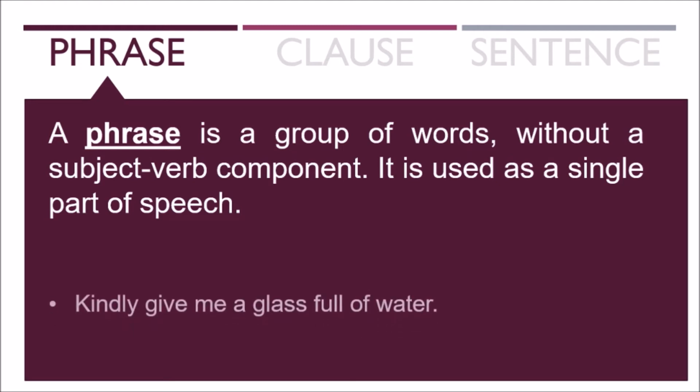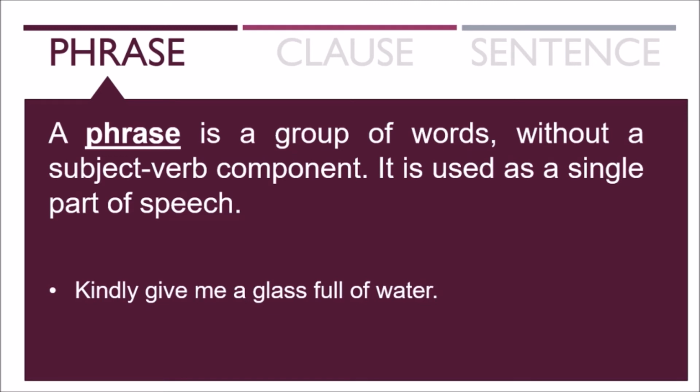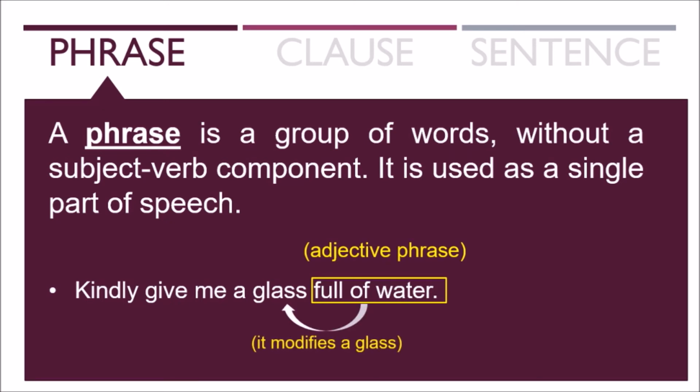Now, let's read our sample sentence here. Kindly give me a glass full of water. Can you help me locate where is the adjective phrase in this sentence? Very good. Full of water is our adjective phrase. Why? Because it modifies the word glass.